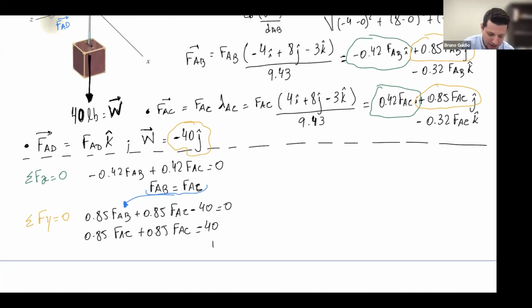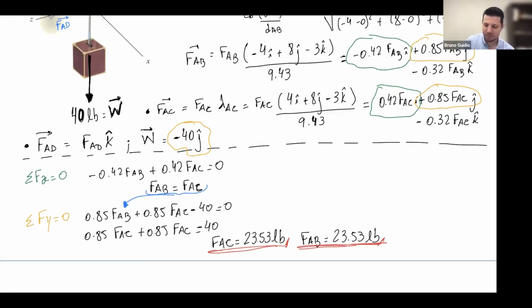At the end, FAC is, let me see what I have here, 2353 pounds. And if this is 2353, FAB is the same, 2353 pounds.